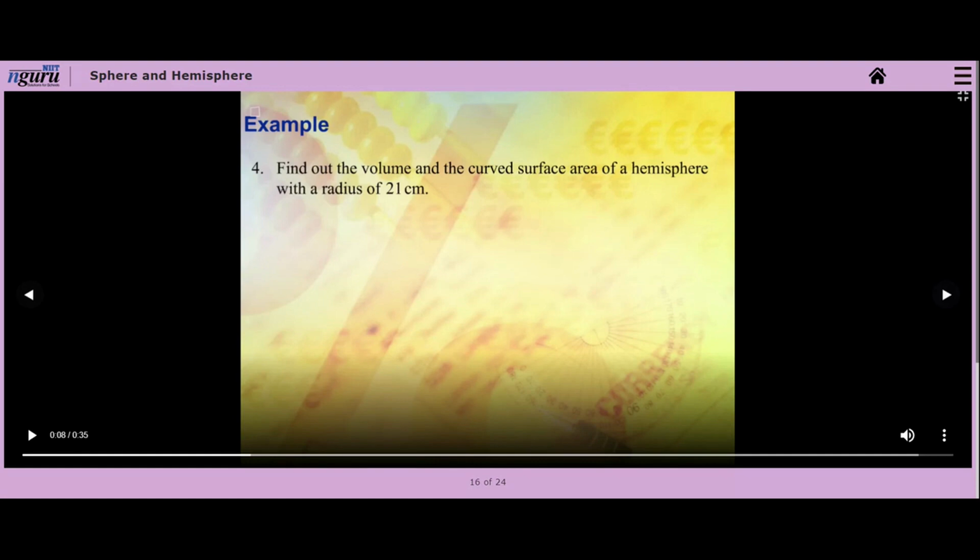Volume equal to 19,404 centimeter cube. Yes, correct.